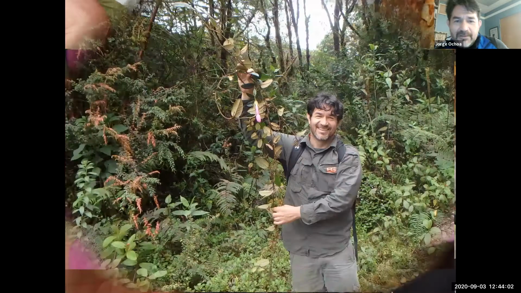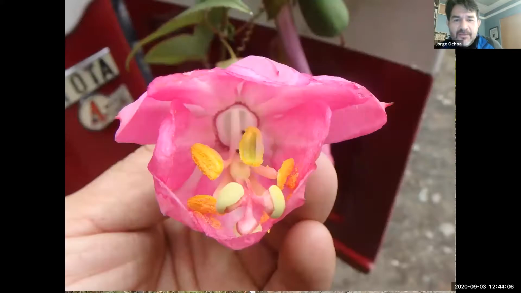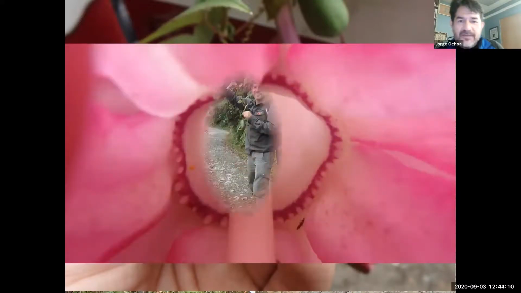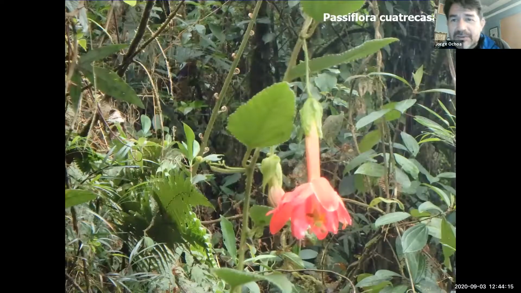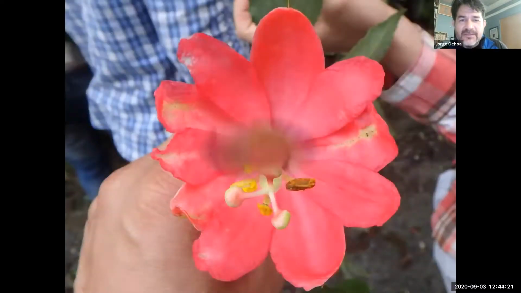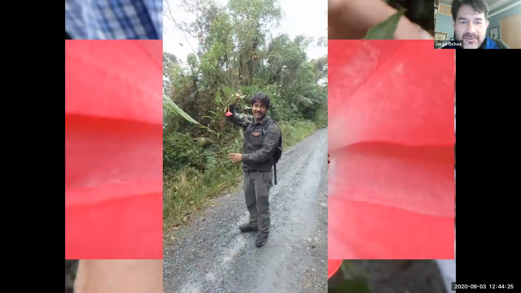And there I am holding it for scale. Cumbalensis, this other form that has more pinkish flowers. And there's a close-up of the flowers that I am holding for scale. And then Cutrakasi right there, and there is the face, and there's when we found it and grabbed it, and there's the close-up of that flower. There I am holding it for scale.